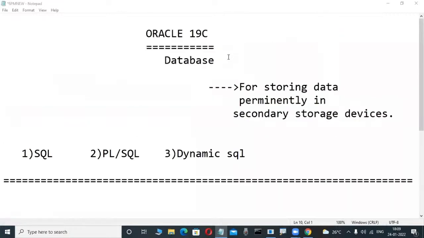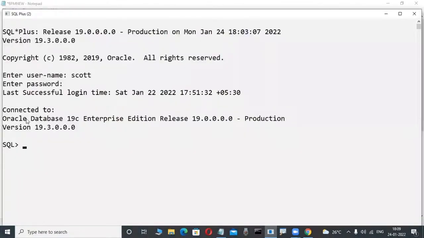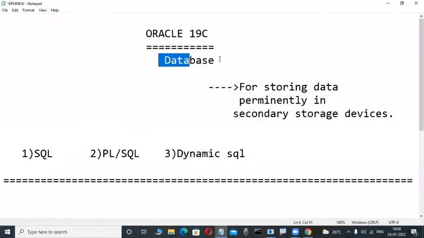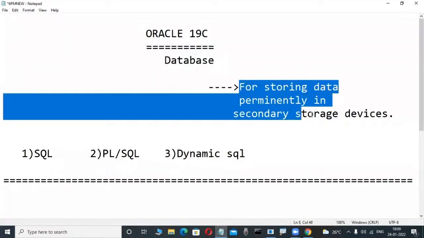Concentrate here. Anybody who did not attend the previous classes, don't worry. Simple. Oracle is a product from Oracle Corporation. 19c is a version. This Oracle is a database product. The previous class notes are just for idea purposes for newcomers. What is the purpose of this database product? For storing data permanently on the hard disk.